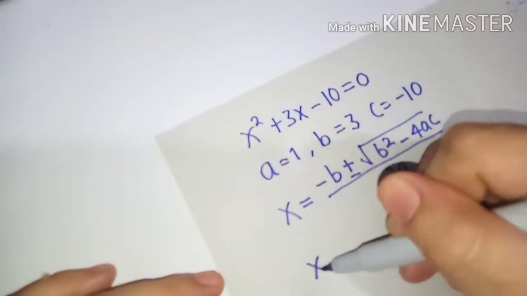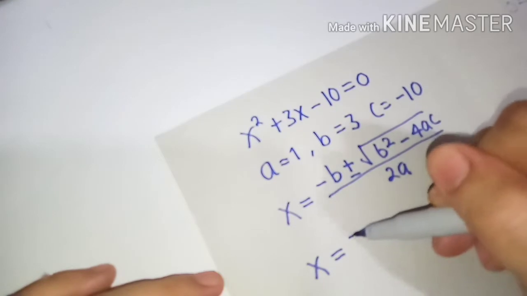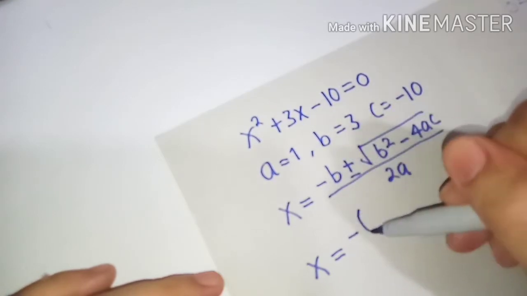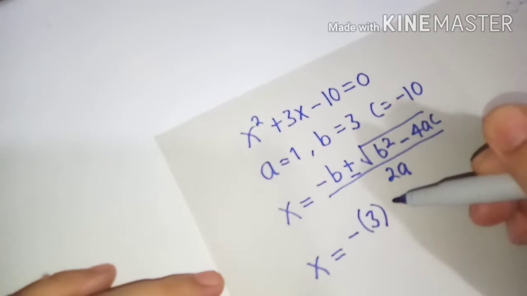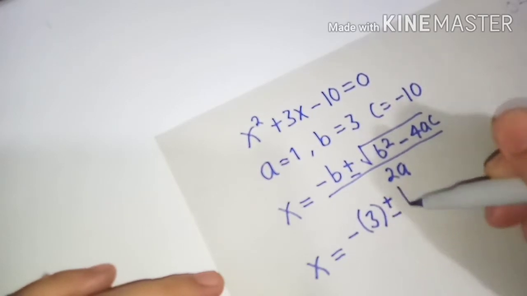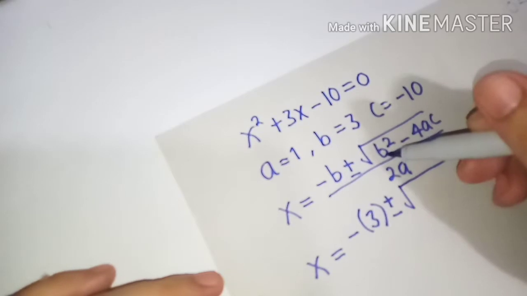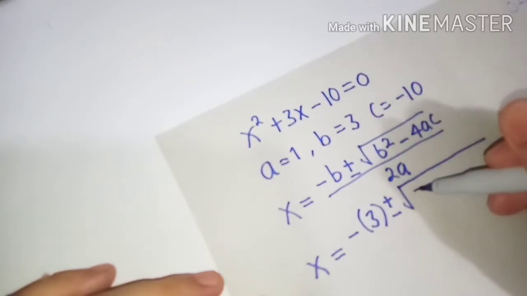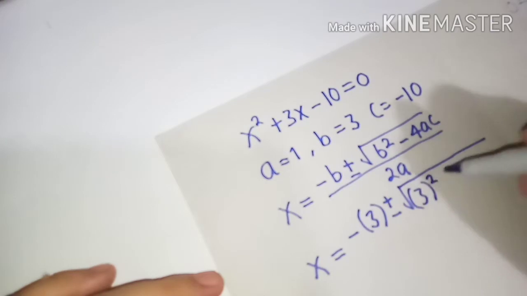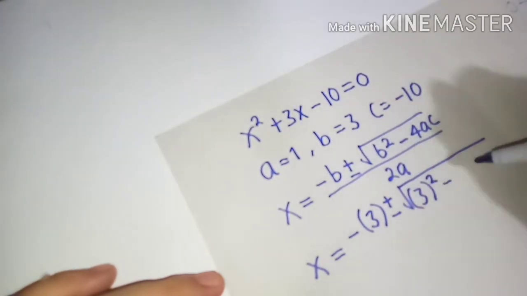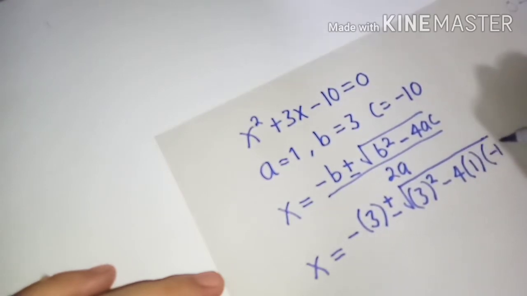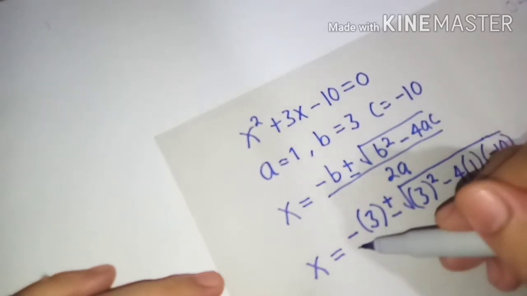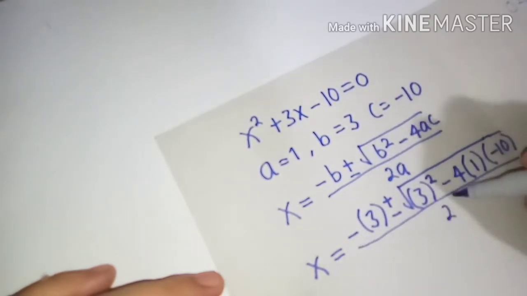Let's proceed. x equals, copy the negative sign, and our b is positive 3, copy positive 3 here, and then the plus or minus, then copy the radical sign, substitute the value of our b equals 3, copy here 3, and raise to the power of 2, and minus 4, substitute the value of our a equals 1, and our c equals negative 10, close. Then divided by 2 times the value of our a equals 1.